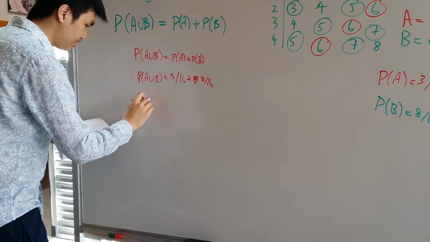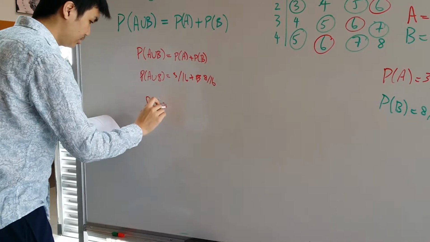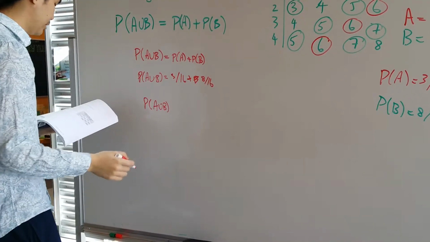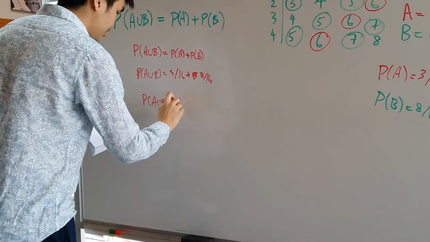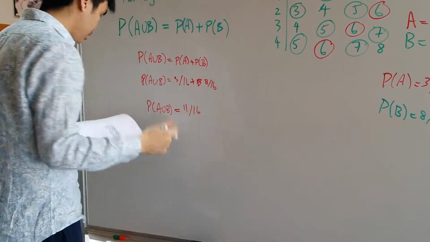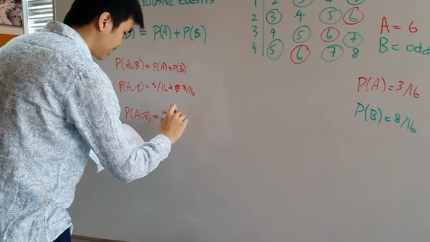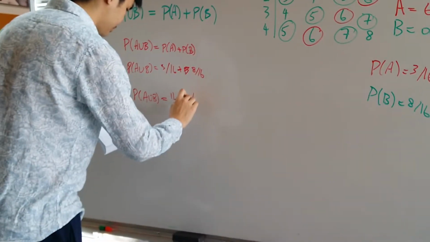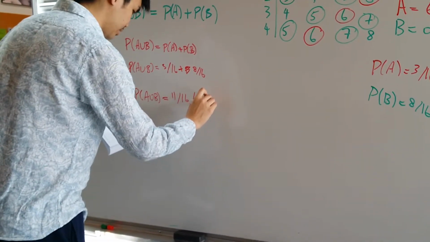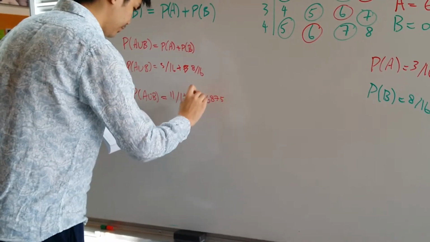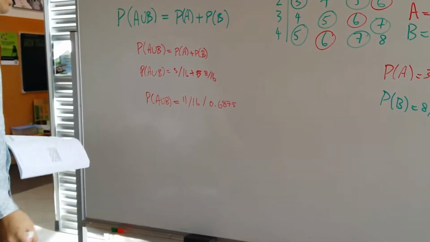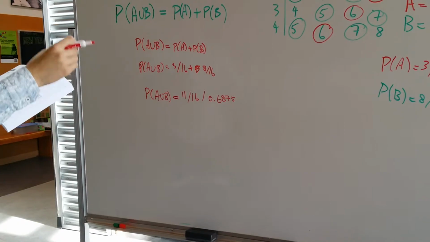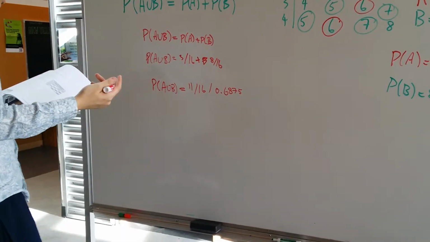So the probability of A or B is 11/16, which when you plug into the calculator is 0.6875.